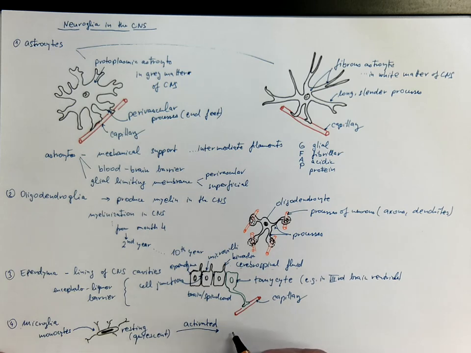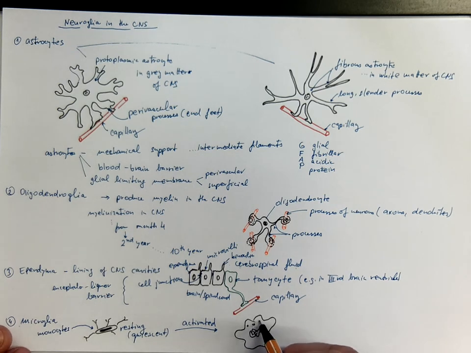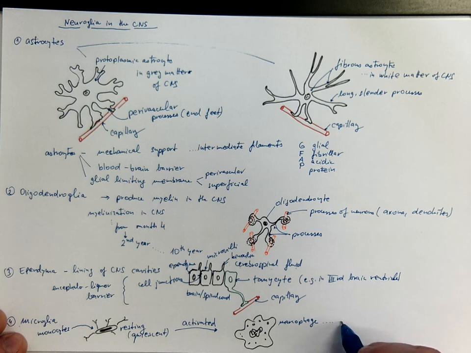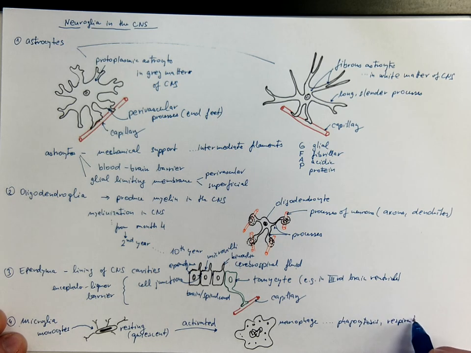However, as a part of inflammatory reaction, they might be activated. And then they become macrophages, tissue macrophages, with their phagosomes, lysosomes, where they can phagocytose, so they have the ability of phagocytosis, the respiratory burst, and presentation of antigens.